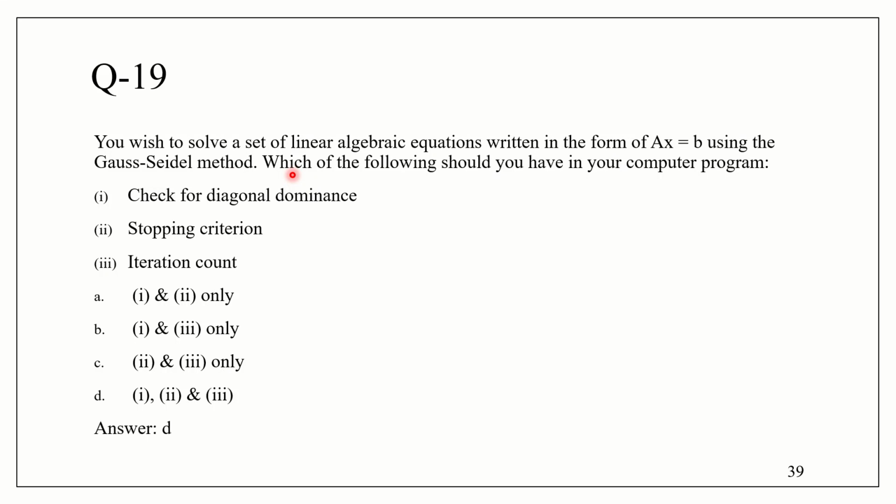Option D is the right answer, because what is the Gauss Seidel method? It is an iterative technique where we are using it to solve for the variables in that particular set of algebraic equations.